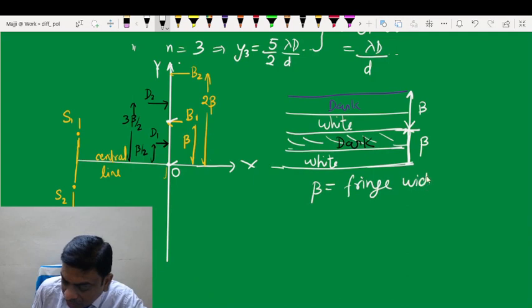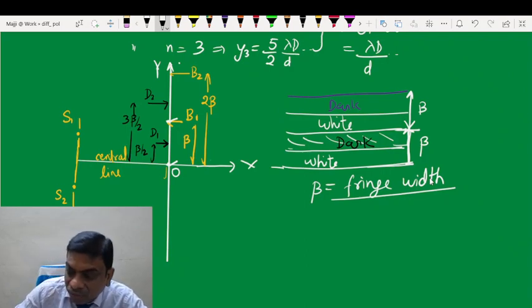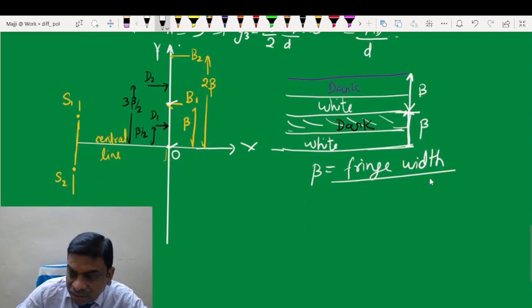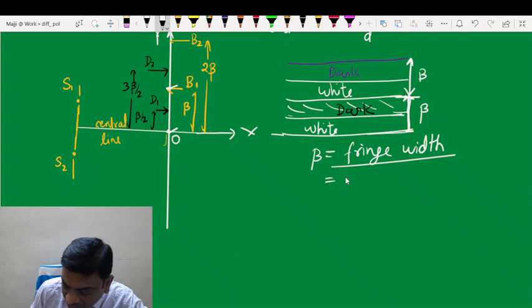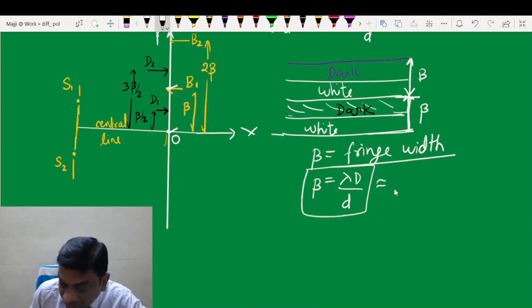That means one complete dark fringe and one complete bright fringe together, adjacent bright and dark fringes together, will be called a fringe, and its width is fringe width, which we had already taken as lambda capital D by small d. Now usually fringe width will be of the order of millimeter.